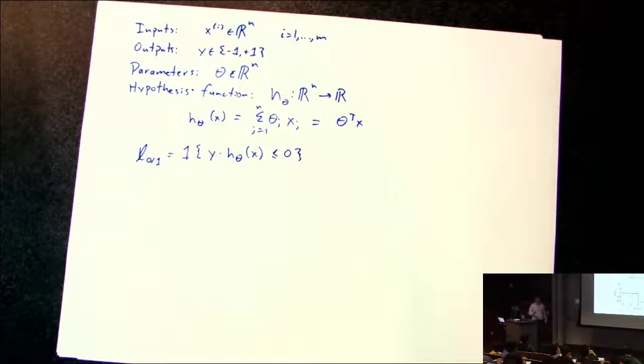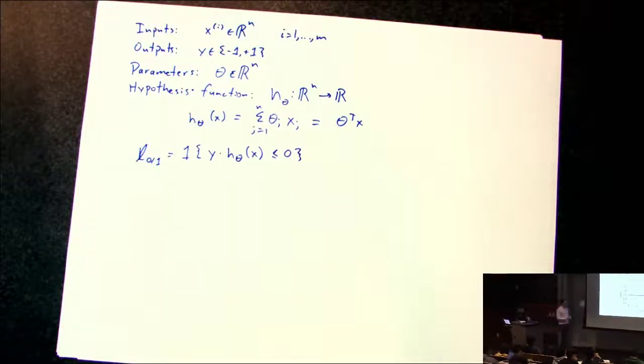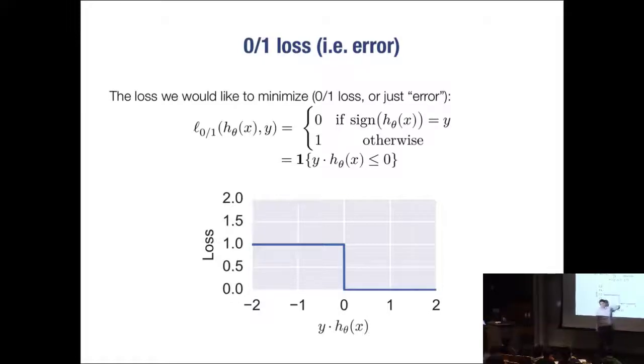Okay, so let's think about why that's an equivalent definition. If these two things have the same sign, so they can be both positive or both negative, their product is going to be positive. If they have different signs, their product, of course, is going to be negative. Either way, the label could be +1 and our prediction was -5, or the output could be -1 and our prediction was 5.